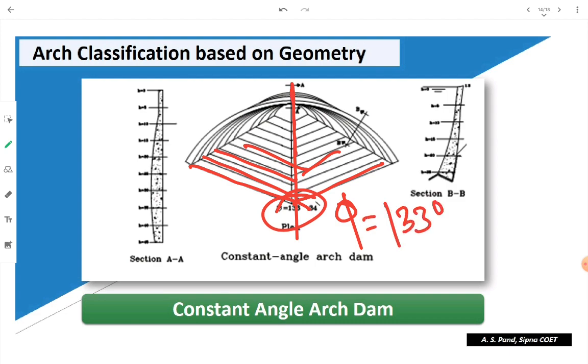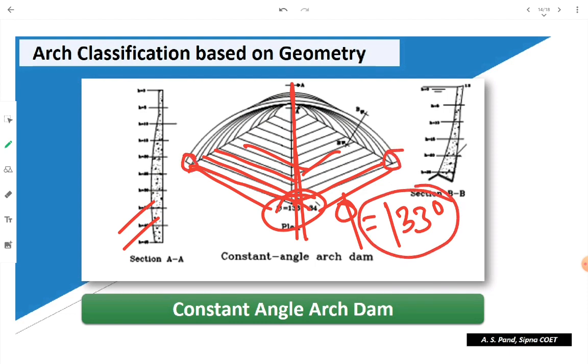Means on this center line, the two sides are kept such that the included angle between them remains the same throughout the given levels. Let's say n number of levels are there, and each layer maintains the angle of 133 degrees between the two extreme ends. Okay, this is how arch dams have been classified on the basis of geometry.